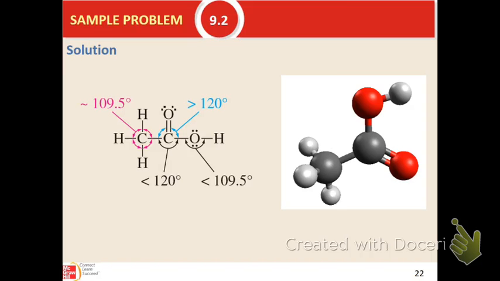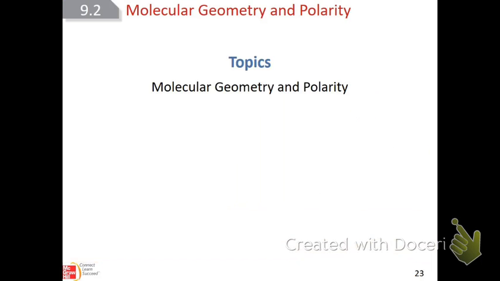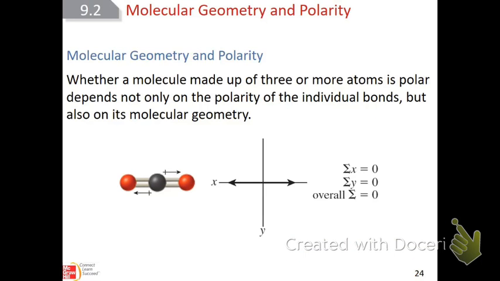Okay? All right. And then we get into molecular geometry and how it is affected by polarity. Please keep in mind things like oxygen, fluorine, and chlorine, those are your most electronegative on the chart, and they're going to greatly affect the geometry, the overall shape of a molecule.